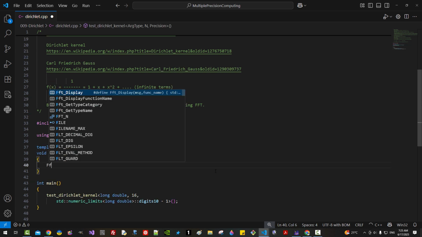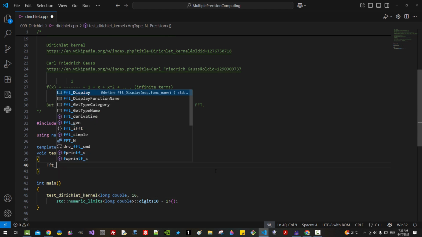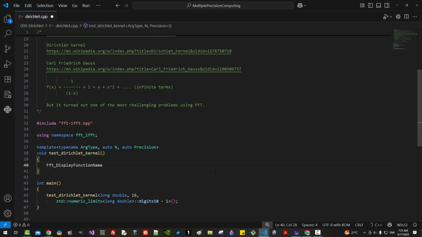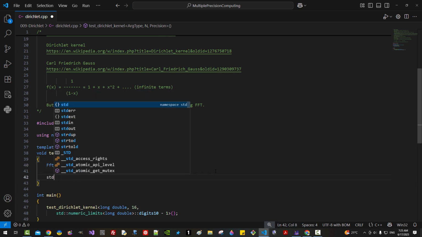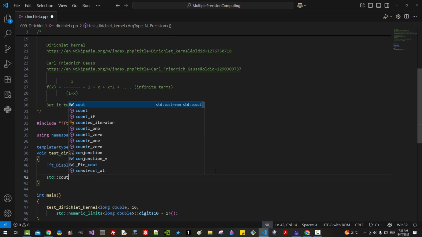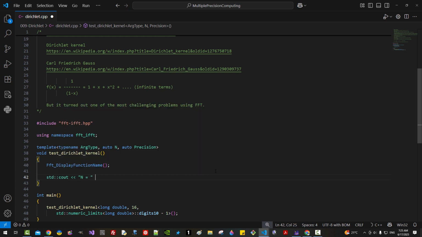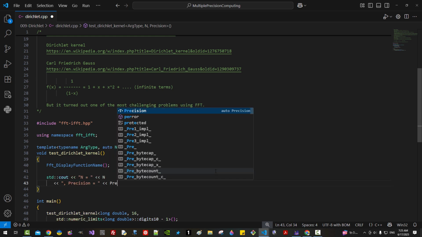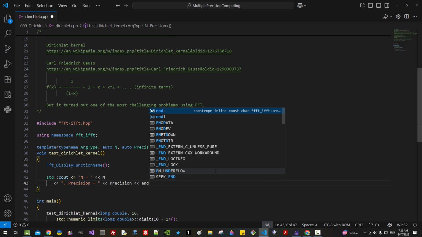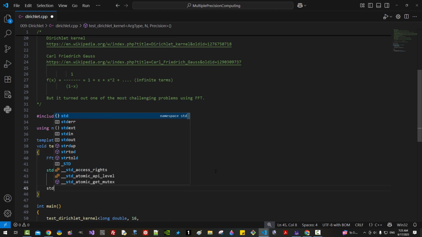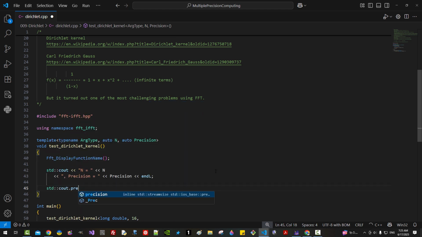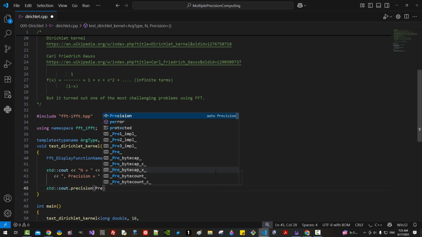Here, FFT underscore display function name, std cout n equals n, precision and L, std cout precision.